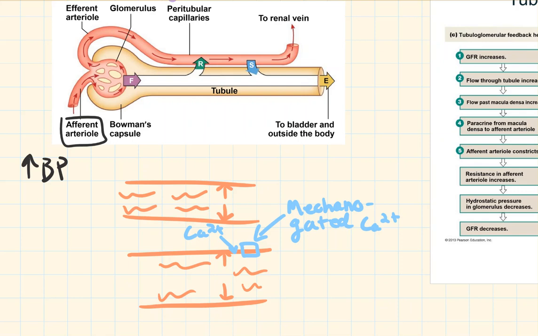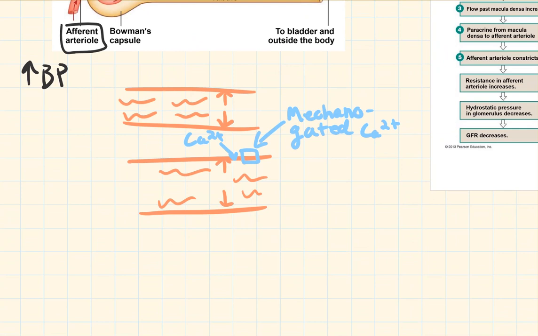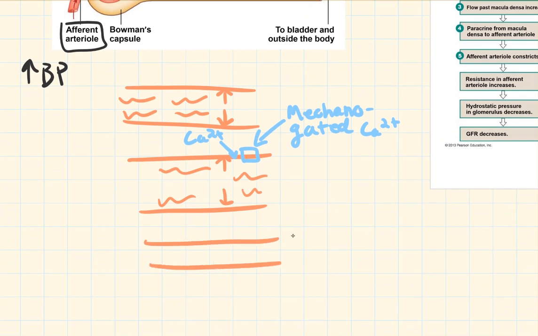We know that calcium will enter the muscle and bind to the troponin-tropomyosin complex to remove it from actin, which will reveal myosin's binding sites so that the cross-bridge cycle can occur, which is a muscle contraction. So when calcium enters, you get a muscle contraction. So then the result is you get a narrowed blood vessel.